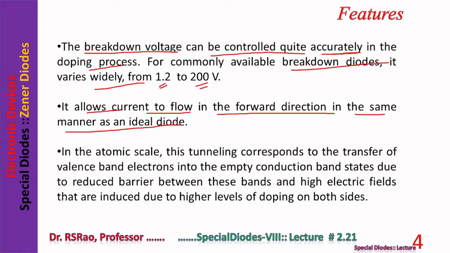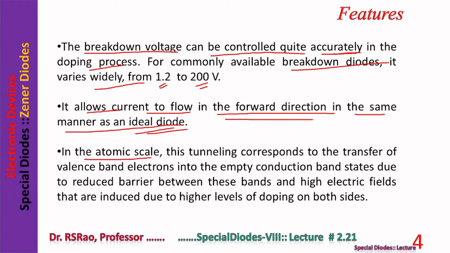Out of curiosity, if we want to know how the diode behaves when it is forward biased, this point says in the forward direction its behavior is the same as an ordinary diode.